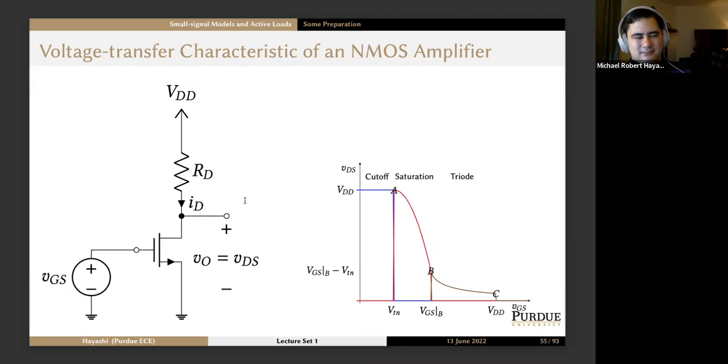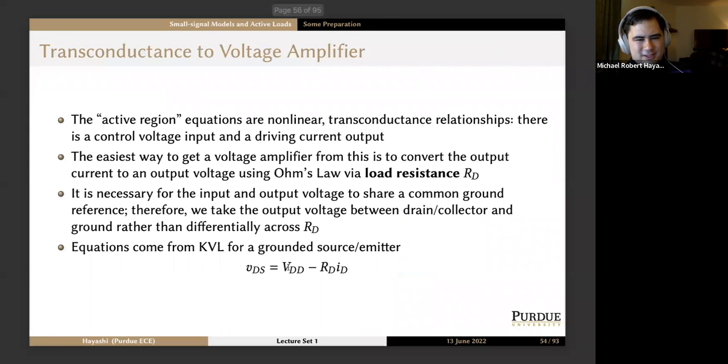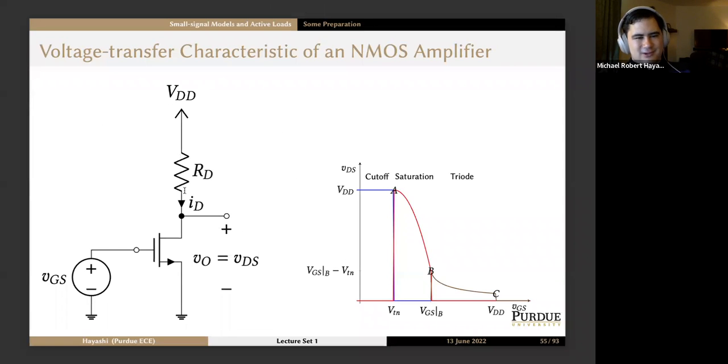And then you'll notice at some point the voltage across RD ID, the voltage across this resistor, gets too big, and then that causes this point of VO to be lower than the overdrive voltage noted right here.